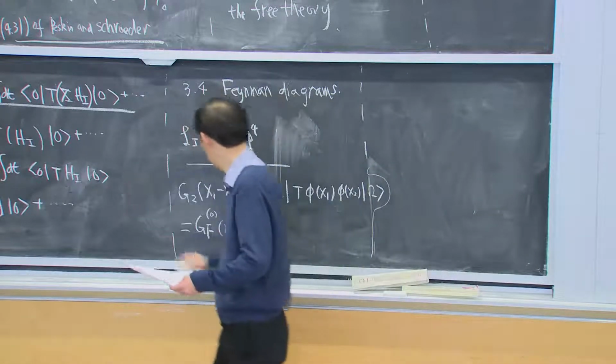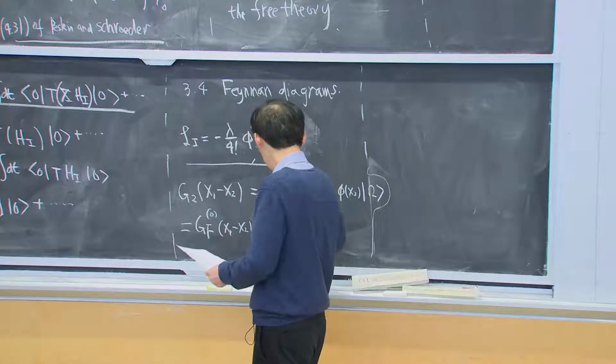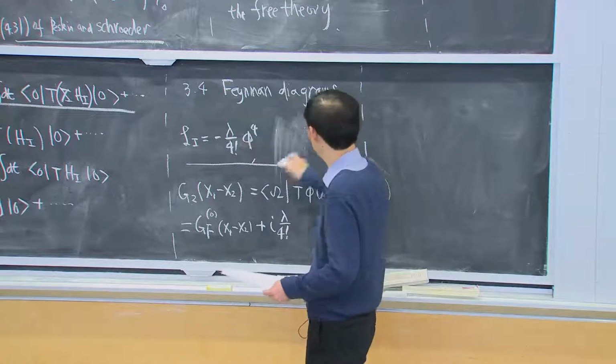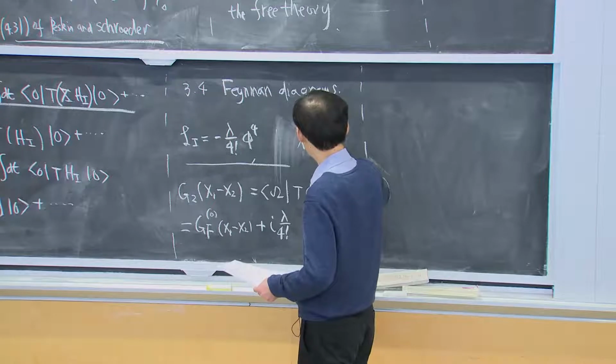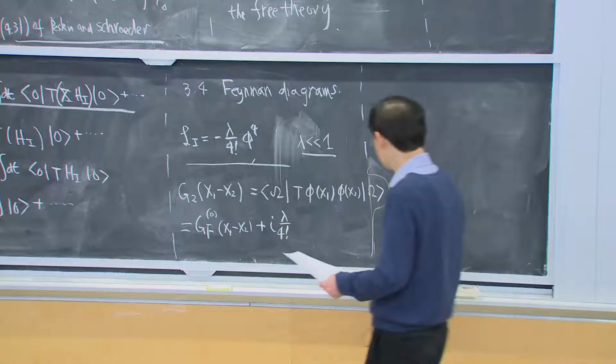So this term becomes plus i lambda divided by 4 factorial. We will assume this lambda is small, so that we can expand in lambda.